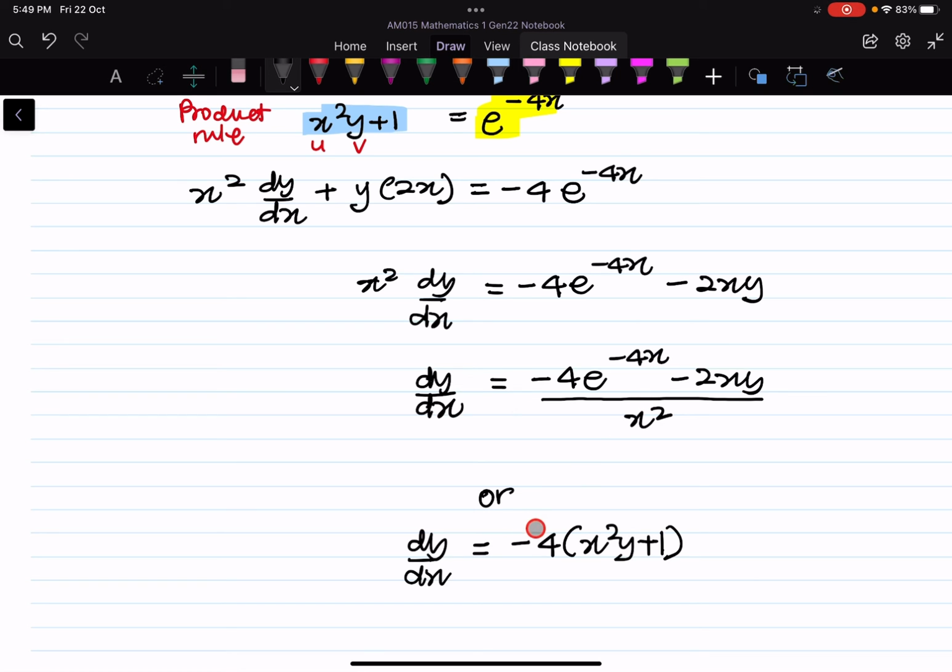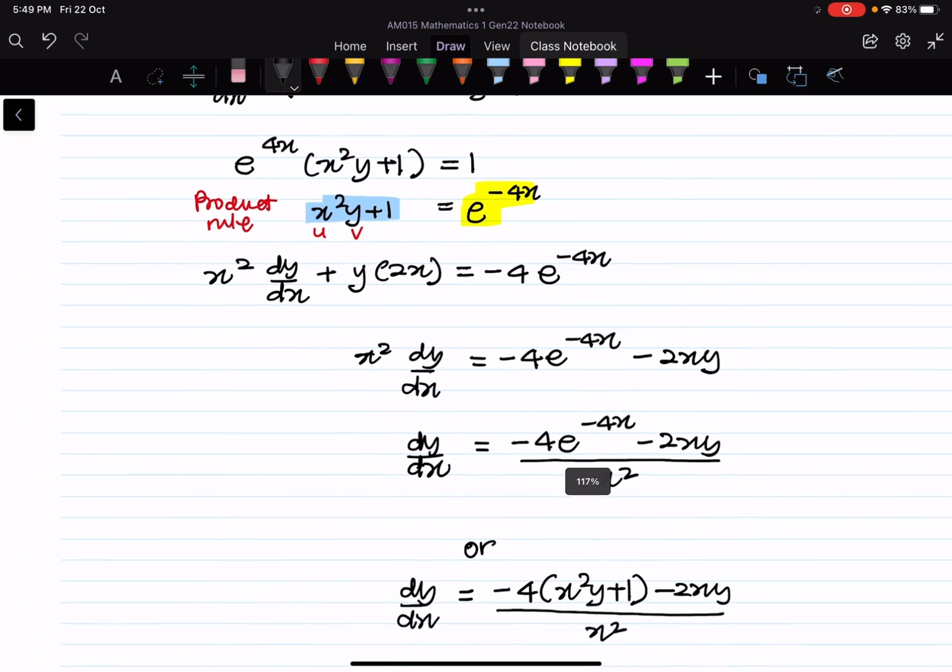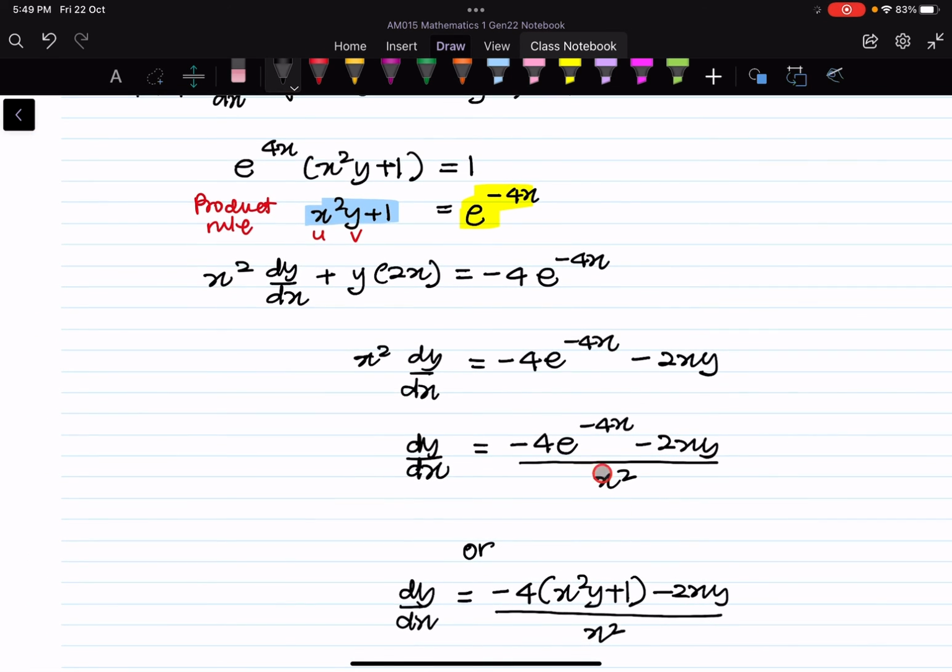So we have negative 4 times (x squared y plus 1) minus 2xy, divided by x squared. So that is the answer for e^(4x) times (x squared y plus 1) equals 1.